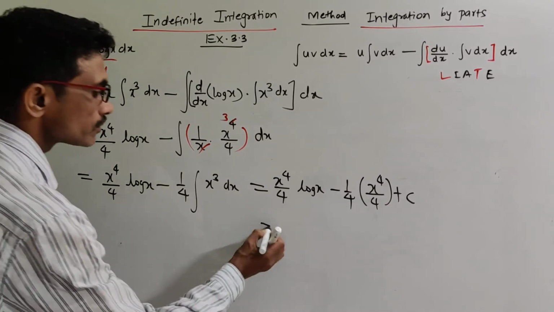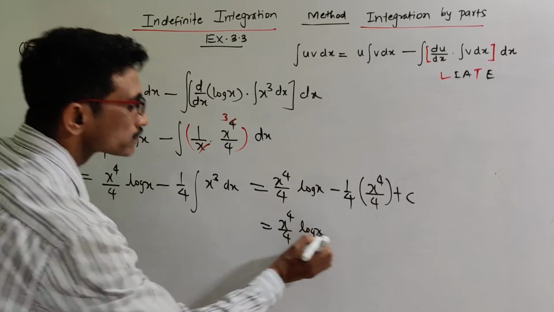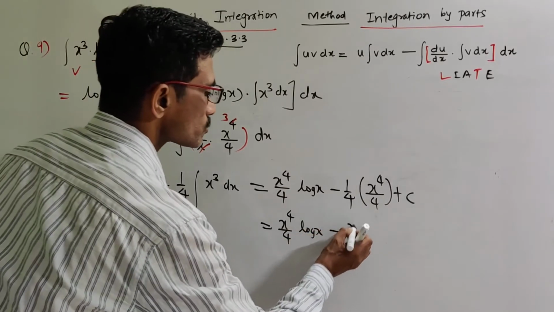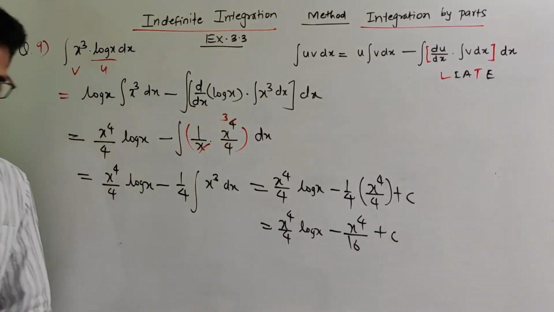So the last answer will be x to the power 4 upon 4 log of x minus x to the power 4 upon 16 plus c.